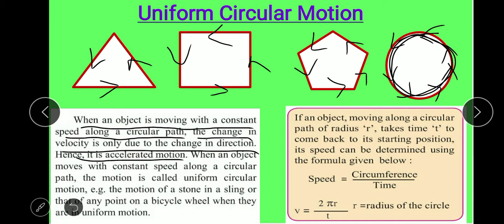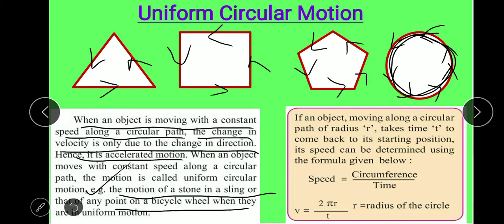If speed is constant, we call it uniform circular motion, but as the direction is changing, it is an accelerated motion. Example: the motion of a stone tied to a string, or that of any point on a bicycle wheel when they are in uniform motion.